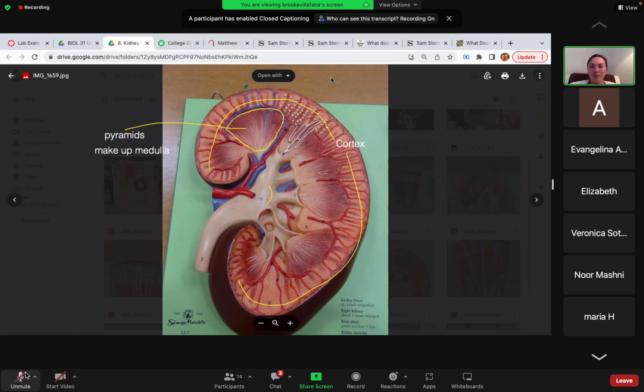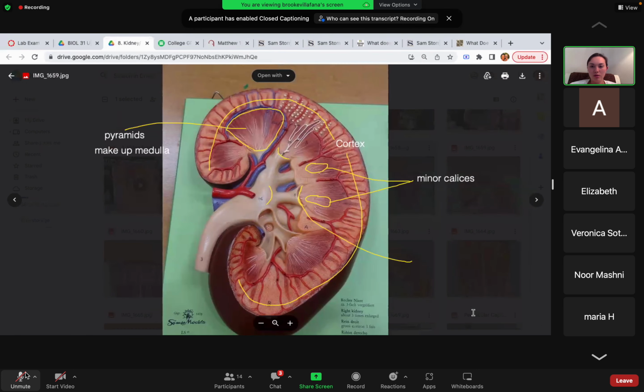So then we have the minor calyces and the major calyces. Minor would be right here, kind of these little white funnel looking shapes. So those are minor calyces. And then they drain or flow into major calyces.